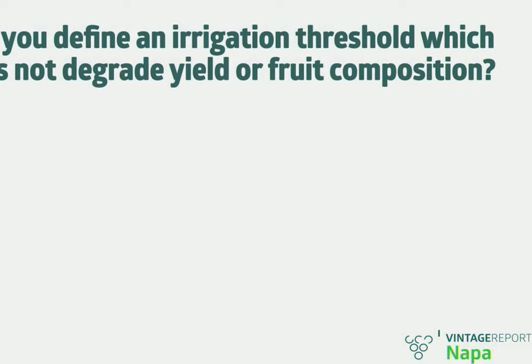So your plant water status should show less sudden variations. You'll obtain better fruit color extraction, as the Australians have shown, and you improve phenolic content with moderate water deficit, specifically during period 3.